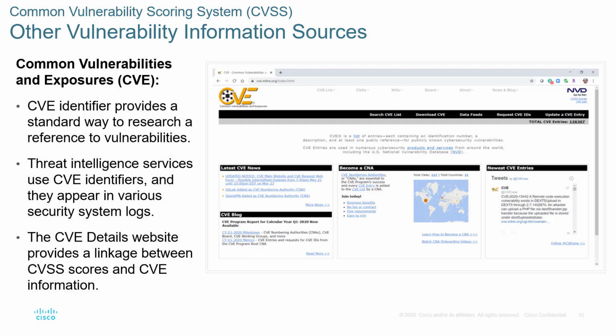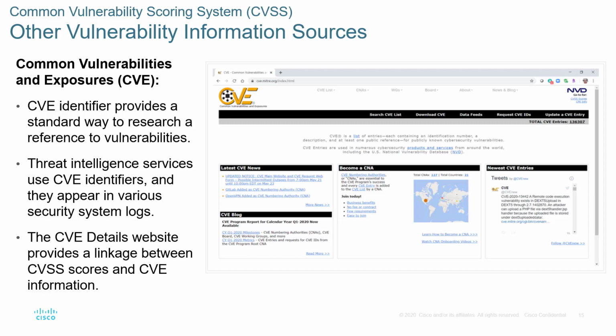So we can look at CVE details. For example, if we know we have a Server 2012 machine, we could look at all vulnerabilities for Server 2012. And that way we could look at what vulnerabilities are currently out there. Again, the CVE Details website provides a linkage between the CVSS score and the CVE information. They go hand in hand.